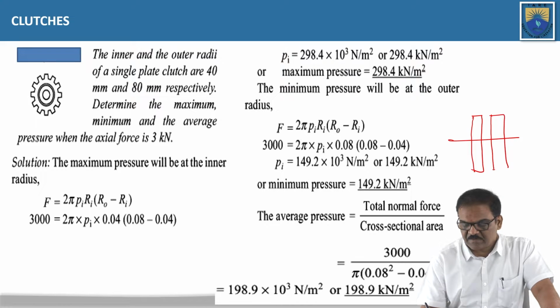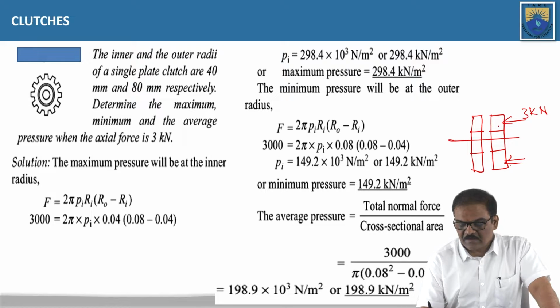The clutch plate is expected to be like this, and the axial force is 3 kilonewtons.